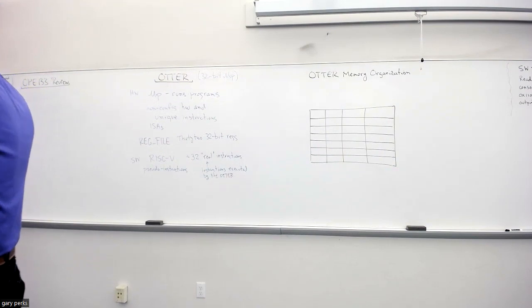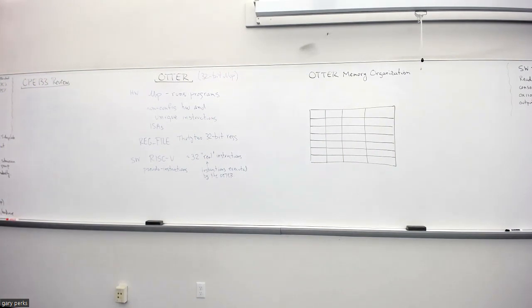Now, for this first portion of the class, we're not going to use registers 0 through 4. Those are what are called specialty registers that have special purposes that we're not going to get to. Well, actually, we'll get to register 0 pretty soon, but the other 4, 1 through 4, we're not going to get to for a while.